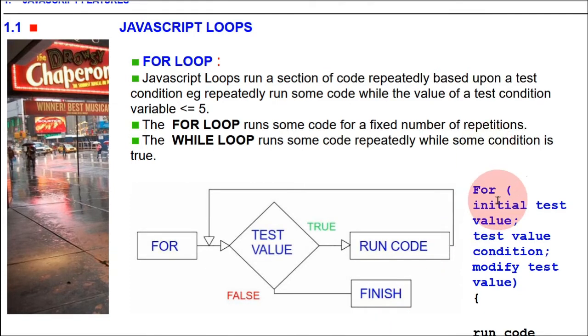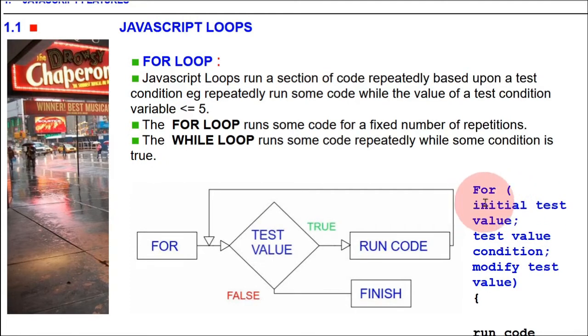The for statement is written like this. You have a for command with an open bracket, and then a closed bracket to finish that section. This bracket section is known as the parameter section, and in here we have 3 parameters.